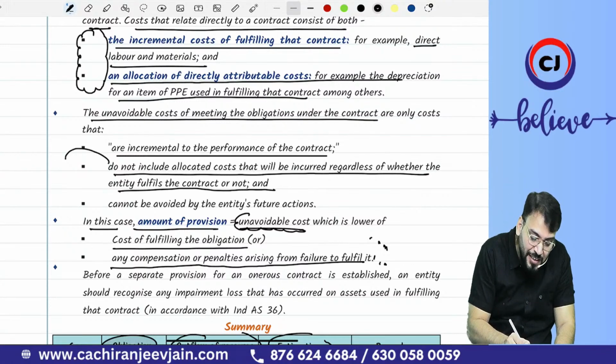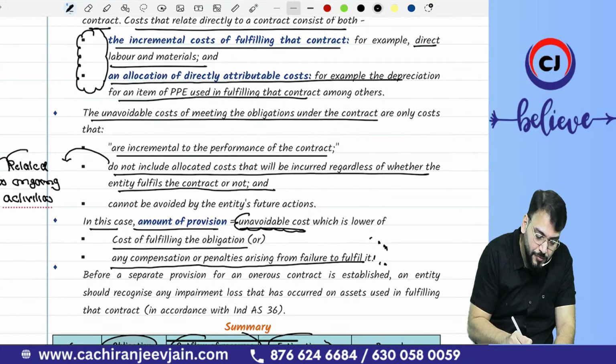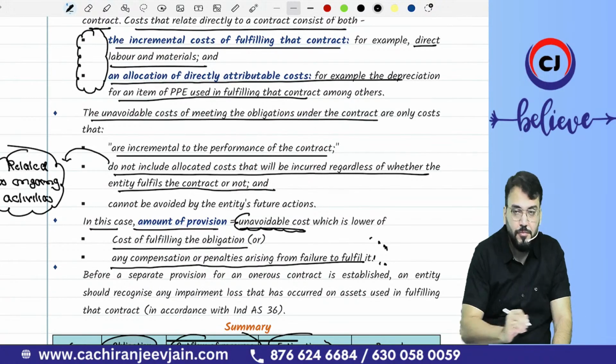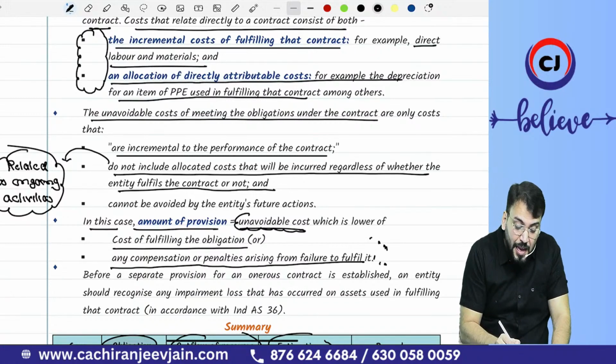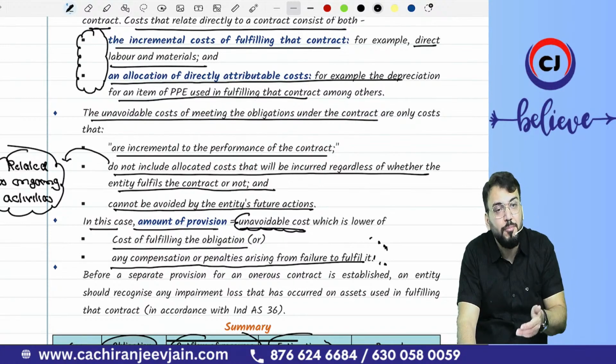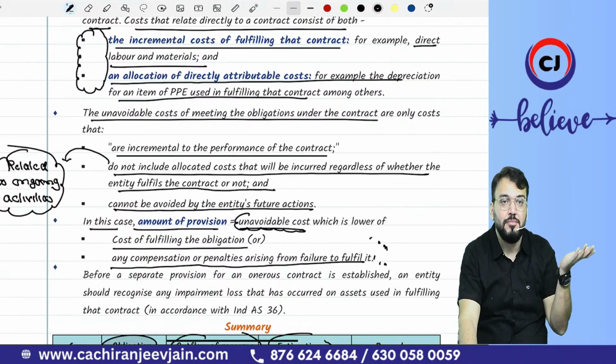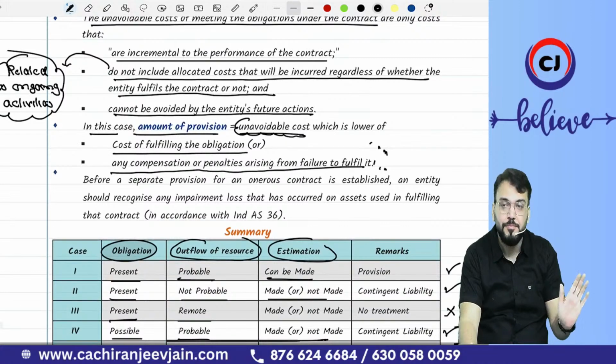These are related to ongoing activities, correct? And an unavoidable cost cannot be avoided by the entity's future conduct of business. It means you are supposed to pay it if that contract is fulfilled. Understood? Yes, sir. Any doubt?